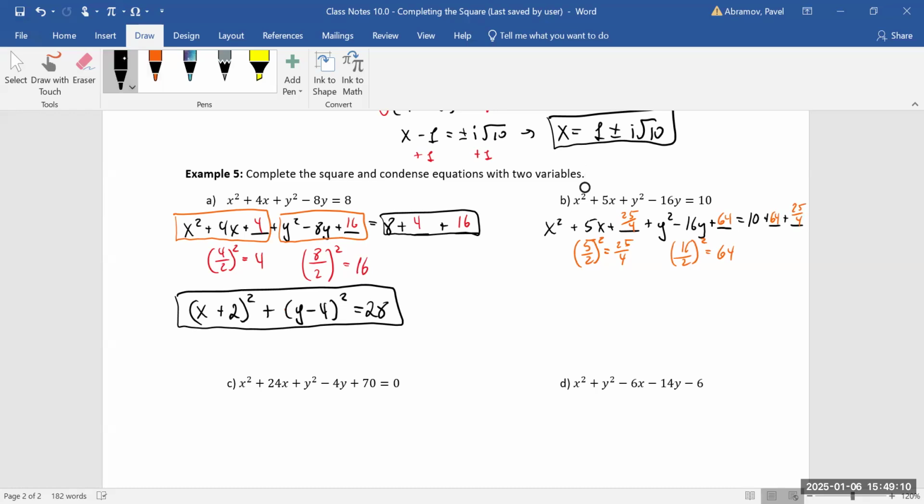Okay, so then when we condense our x's, it's x plus the square root of 25 over 4, which is 5 halves, the whole thing squared, plus y minus the square root of 64, which is 8, squared.